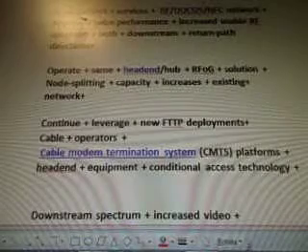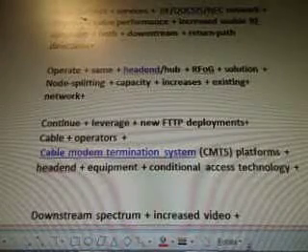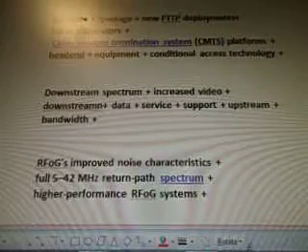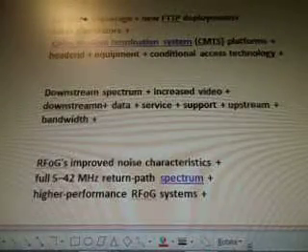Operates same head-end hub. RFOG solution, node splitting capacity increases existing network. Continue leverage new FTTP deployments, cable operators, cable modem termination system, platforms, head-end equipment, conditional access technology.